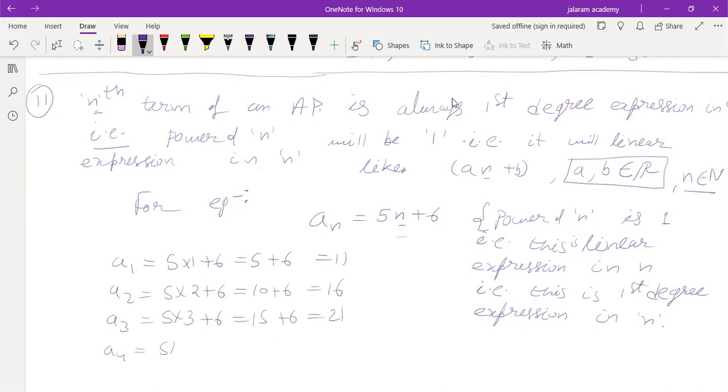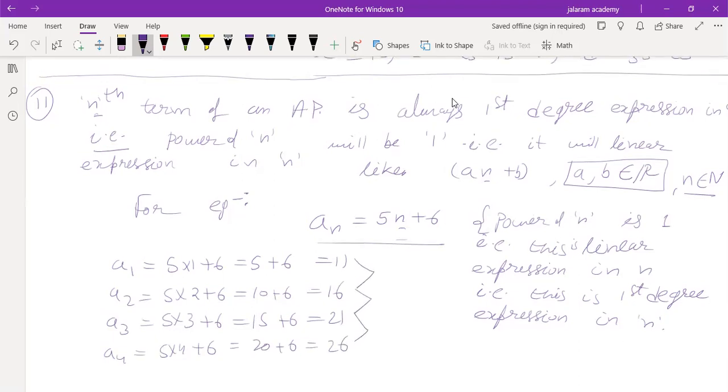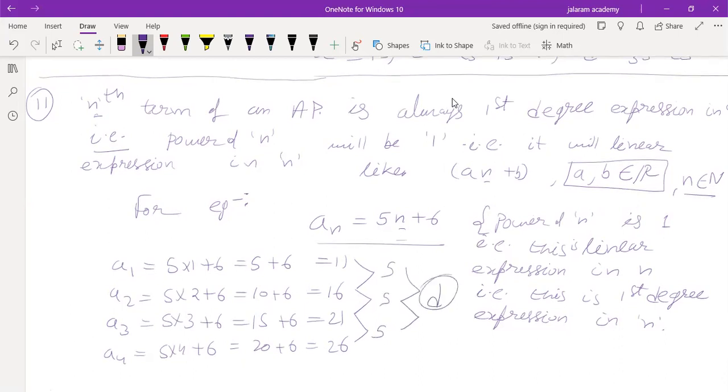A4 equals 5 into 4 plus 6, which is 20 plus 6 equals 26. If you find the difference between two consecutive terms, it is 16 minus 11, 5. 21 minus 16, 5. 26 minus 21, again 5. So this difference is the common difference. Understood, everyone?